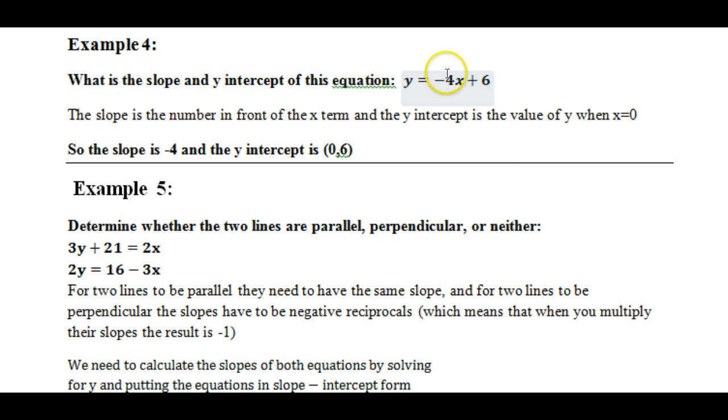So minus 4 is the number in front of the x, and therefore that is the slope. And for the y-intercept, we already know that x is 0 at the y-intercept, so we substitute 0 for x, and minus 4 times 0 is 0, and therefore y is equal to positive 6. Therefore our y-intercept is (0, 6).